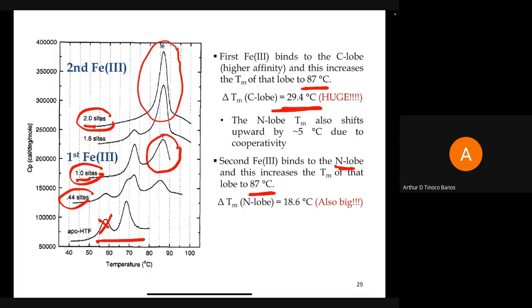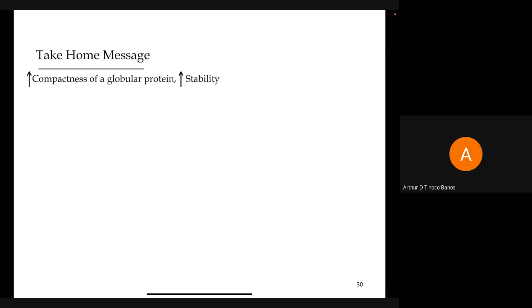So iron binding to this protein is extremely important in terms of the structural change, but also the stability of the protein. All right, so take-home message here. If we want to oversimplify this idea of protein structure and arrangement in terms of its correlation with stability, at least in the context of transferrin, that more compact structure leads to a more stable protein.